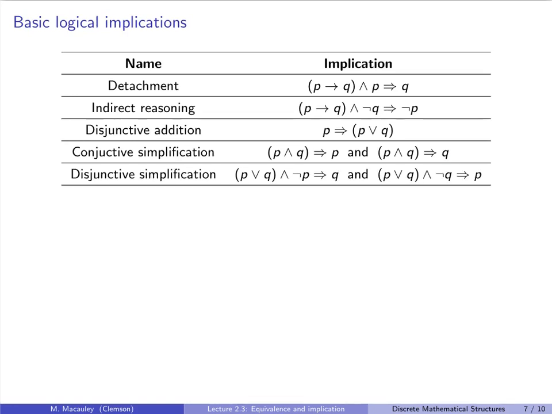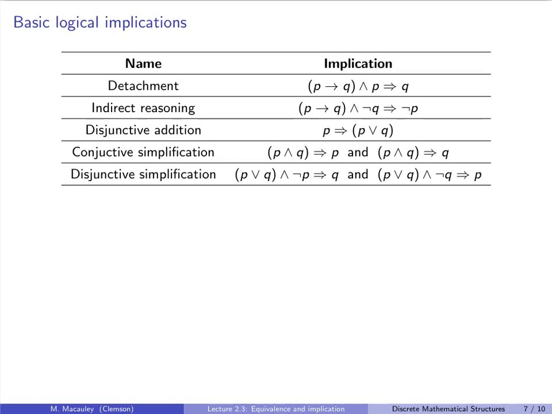And finally, disjunctive simplification says that if P or Q is true and P is not true, then Q has to be true. And similarly, if P or Q is true but Q is false, then P has to be true. So I'm not going to go over these with truth tables, but I encourage you to do the same thing that I did in the previous slide.